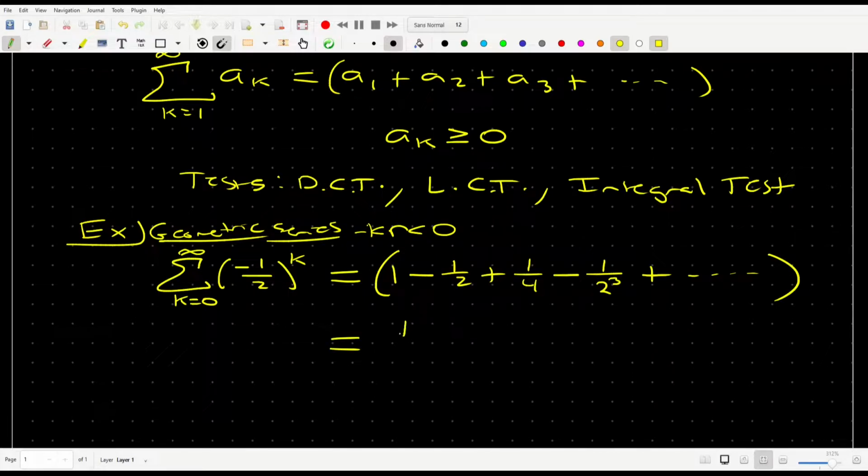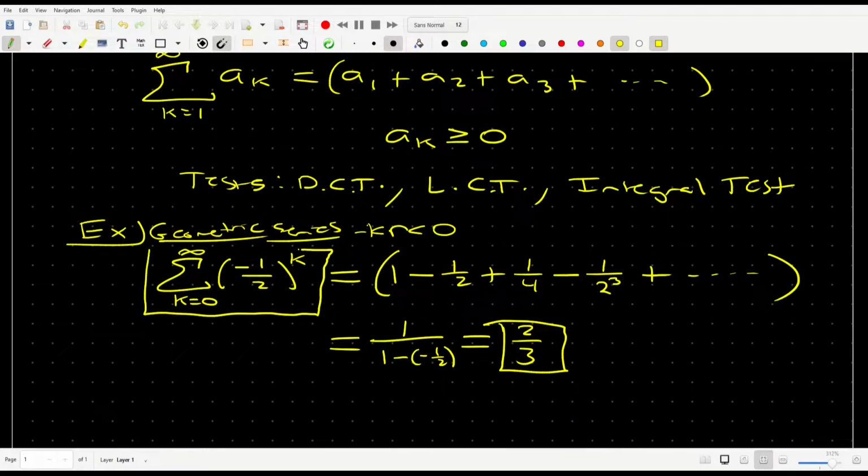It converges very nicely to 1 over 1 minus negative 1/2, or 2/3. This is an example of a series with negative terms that is convergent.